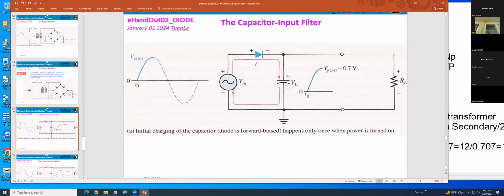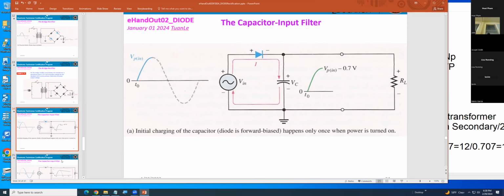Initial charging of the capacitor, diode forward bias, happens only once when the power is turned on. That means you just turn on the power and the voltage on the capacitor at the beginning is 0. And now the voltage on the capacitor is charging up.